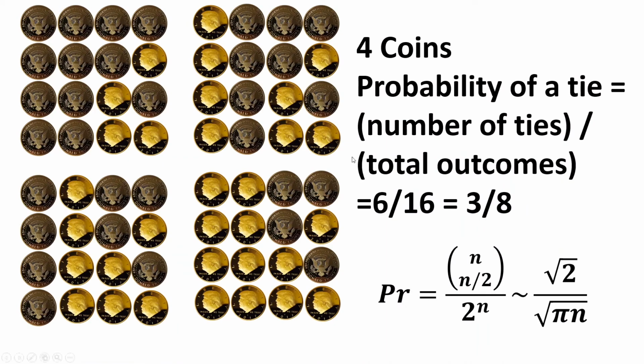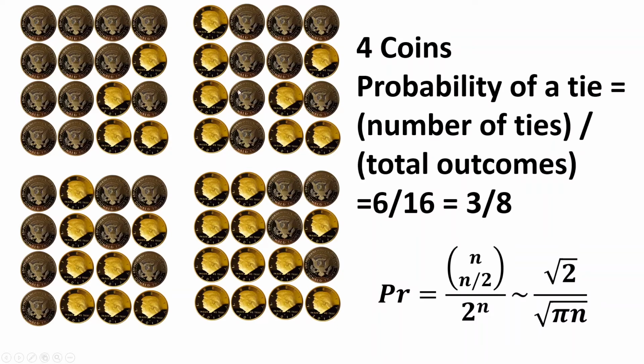Okay, now let's move to 4 coins. Again, the probability of a tie is the number of ties divided by the total number of outcomes. The total number of outcomes for 4 coins is 2 to the 4th, which is 16. That's in the denominator. And in the numerator is the total number of ties.